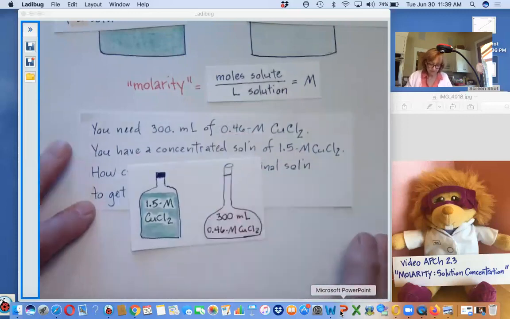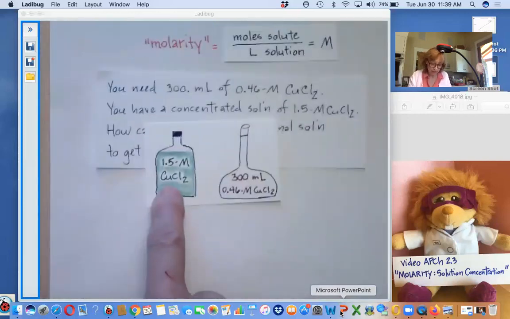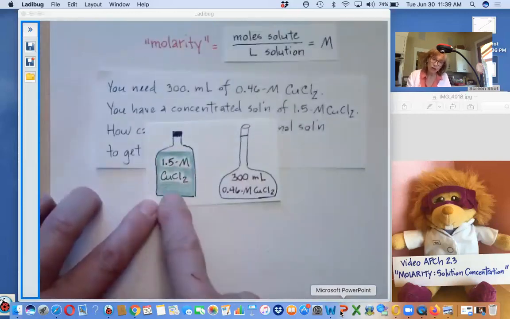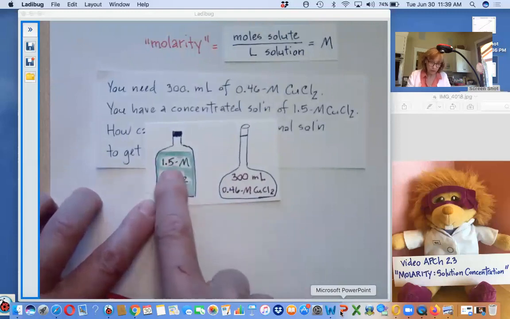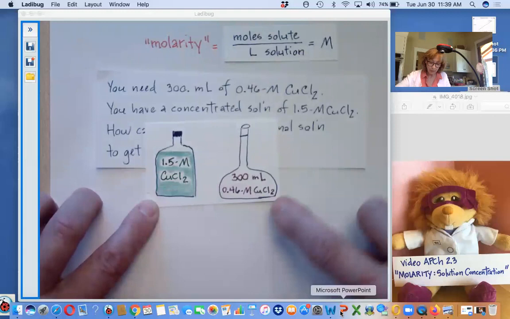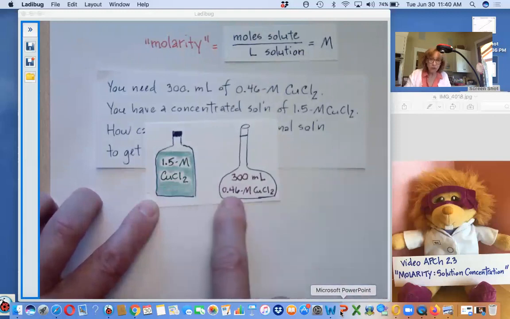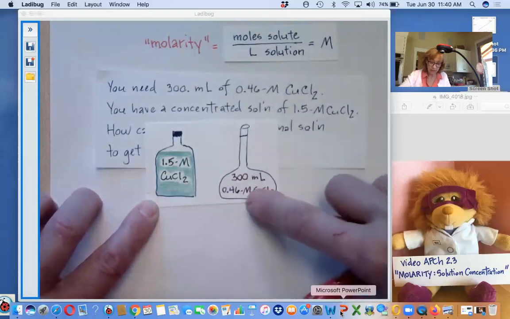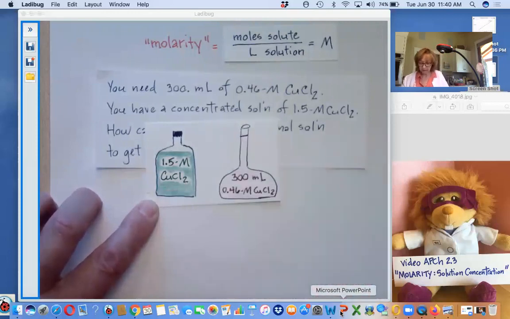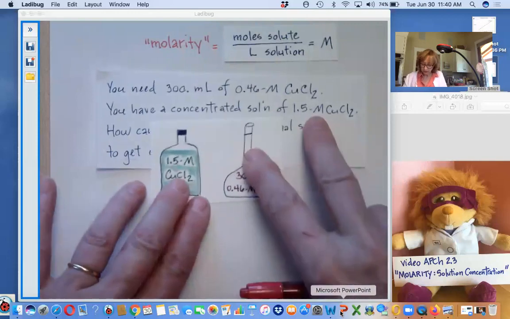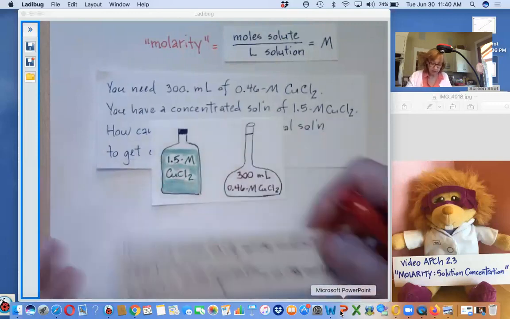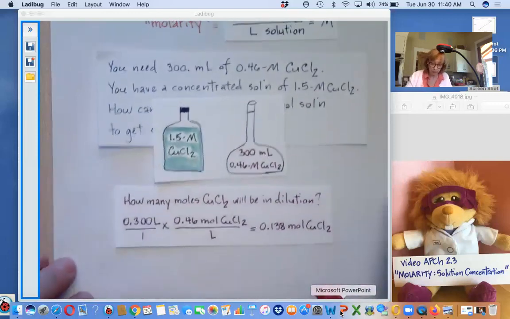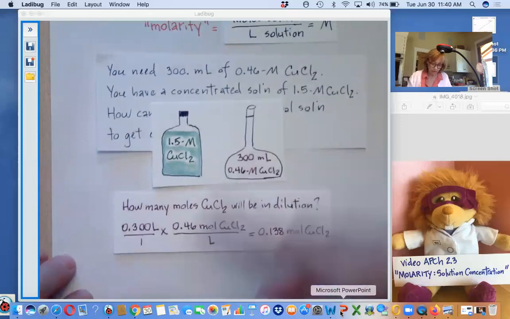Okay, so again, I have some concentrated solution, sometimes called stock solution or the original solution, but it's very concentrated. And I want to end up with a dilution that's only 0.46 molar. And I want to have 300 milliliters of that. All right, so the first thing I need to ponder is how many moles of copper chloride will be in my final dilution.